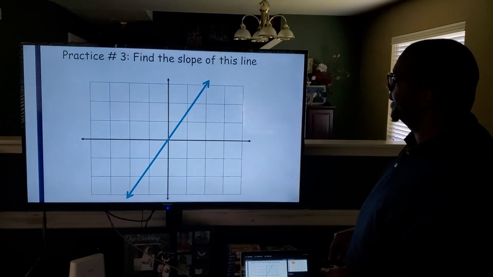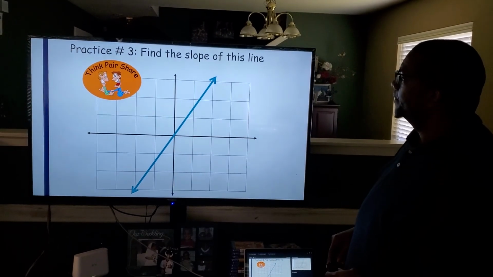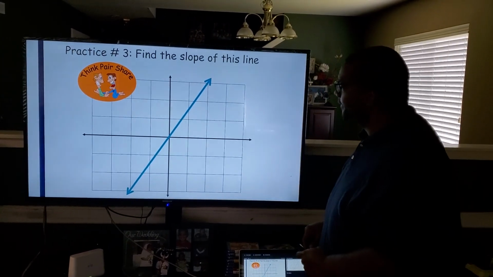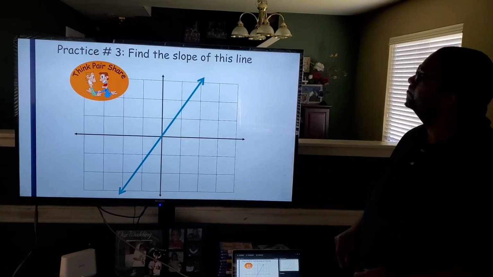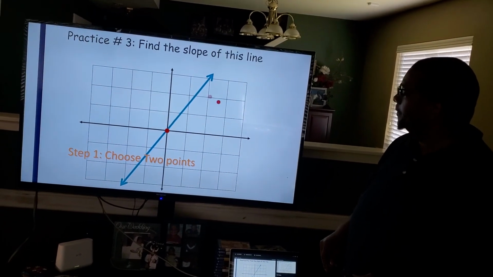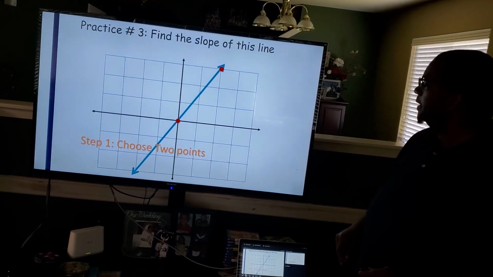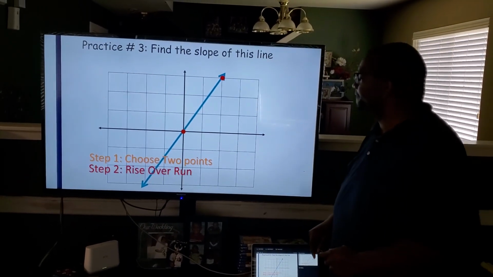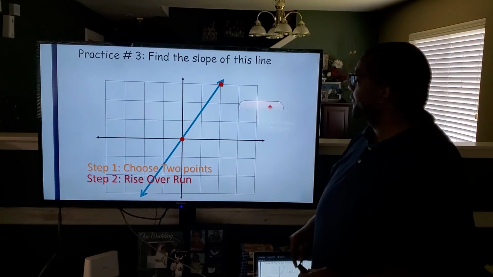All right, let's do this one. Okay, I'll give you time to think on this one. Two points. We can choose (0, 0) and (2, 3). Let's do rise over run.